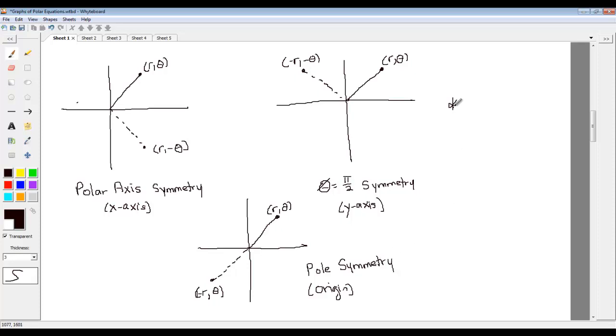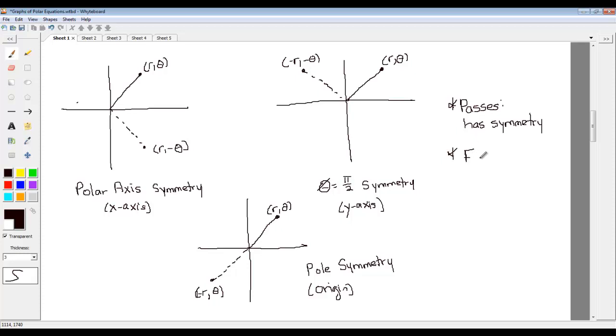Long story short, if the symmetry test passes, it has that kind of symmetry, which can really save you a lot of time when you're graphing, because if you know it has symmetry, you only have to get half the points, and then you can apply the symmetry to get the other half.